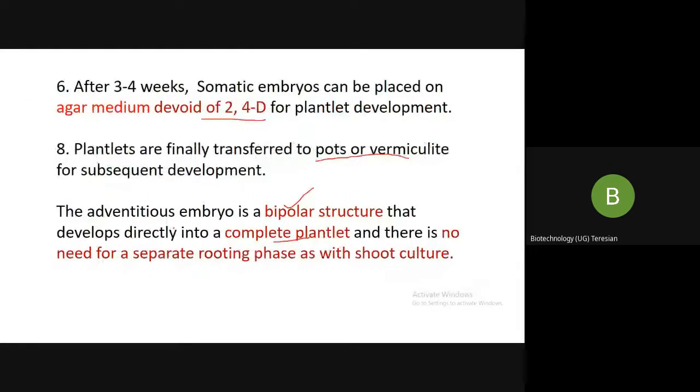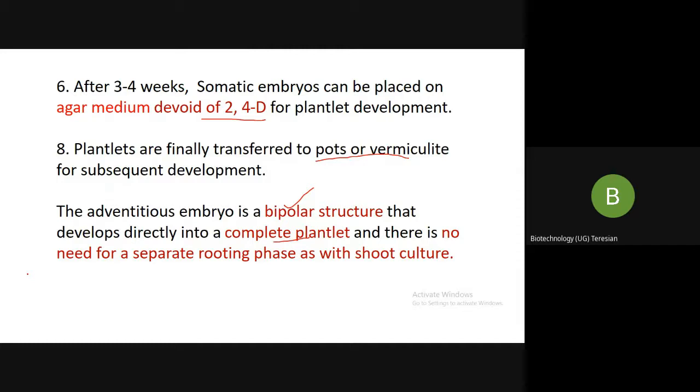After 3 to 4 weeks, somatic embryos can be placed in an agar medium which is devoid of 2,4-D for plantlet development. So you use your cytokinin and all those things for the maturation and all four stages: globular, heart, torpedo, cotyledonary stage.